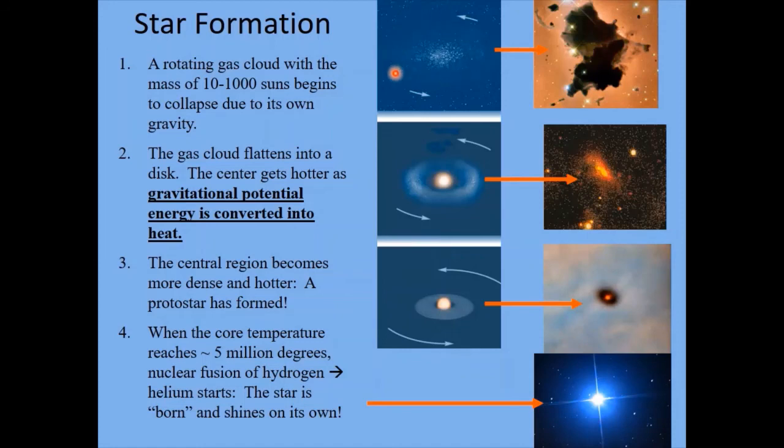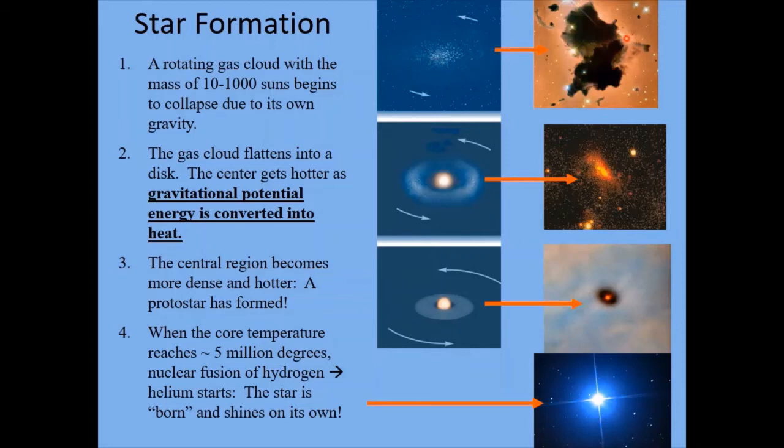Because of all this mass, of all this gas and dust, this gas cloud starts to contract due to its own gravity. Because of all the mass of all those potential stars in this cloud of gas, there's a lot of gravity, and this gets the gas cloud to contract.